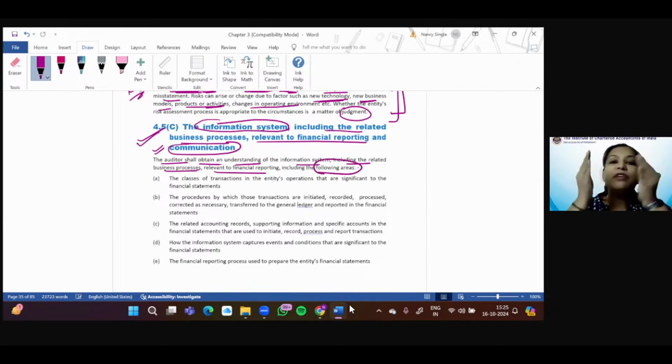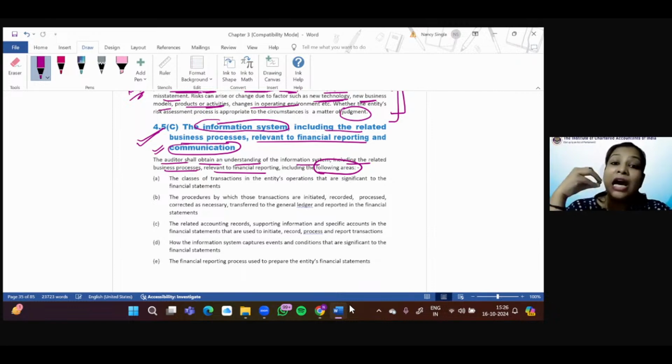Now see, when the financial statements are prepared, there will be certain significant classes of transactions, certain supporting documents with respect to the accounting records, and a system as to how the important events, conditions, and transactions are captured.